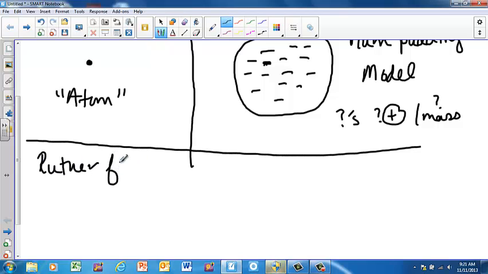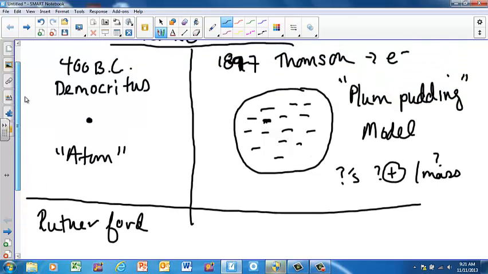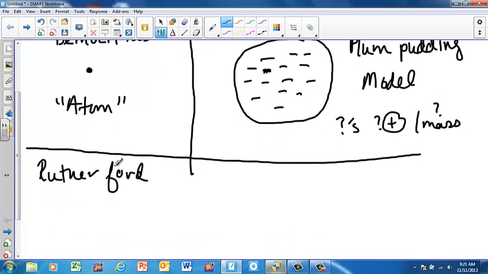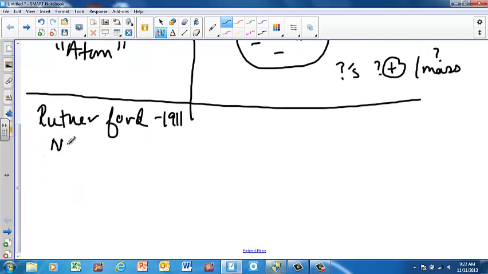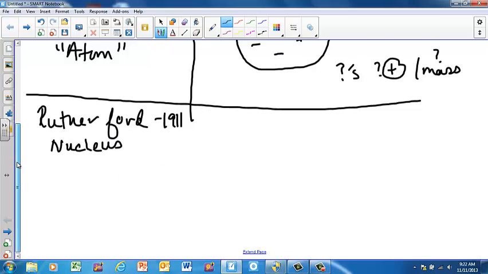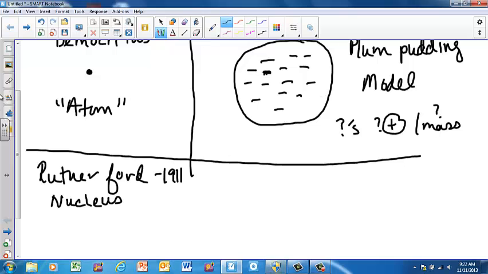And Rutherford came along in 1911, and his big contribution was that he found the nucleus. So he discovered the nucleus. So now we had Thomson's plum pudding model where they were all spread out.